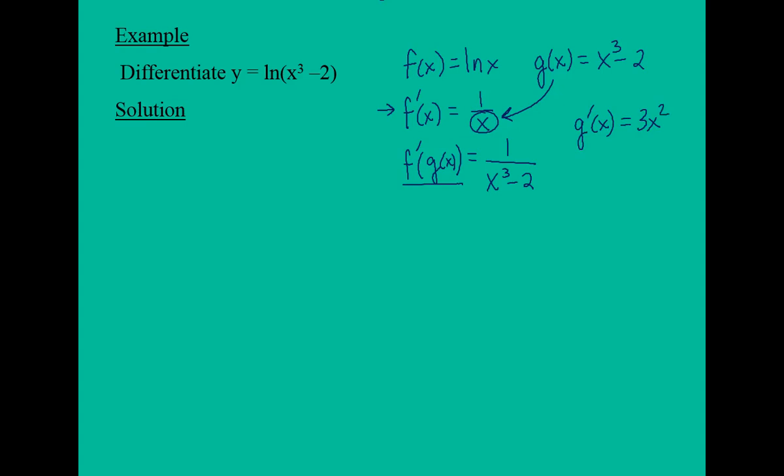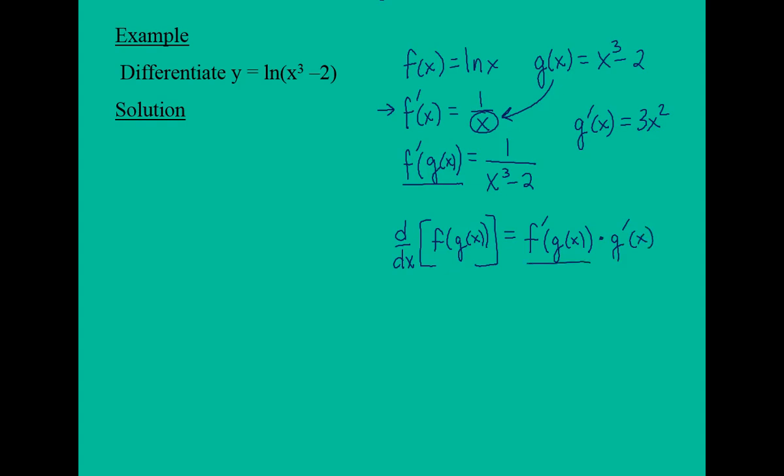So just a quick review, when we're taking the derivative of a composite function f of g of x, we know the derivative is f prime of g of x times g prime of x.